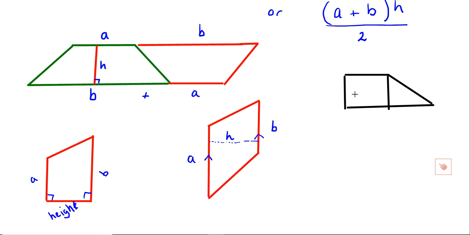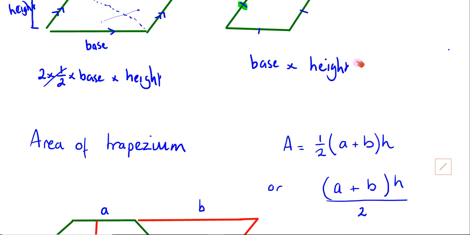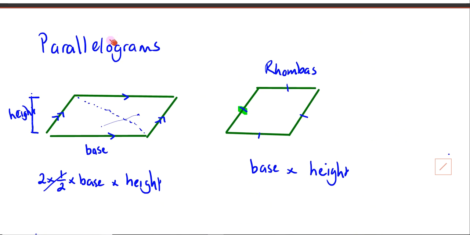I was thinking of a parallelogram where you chop it off. If I go up to the one you did before, the parallelogram, some people will chop that off and put it onto this side, and it looks like a rectangle, which is fine because you can work out the area that way.